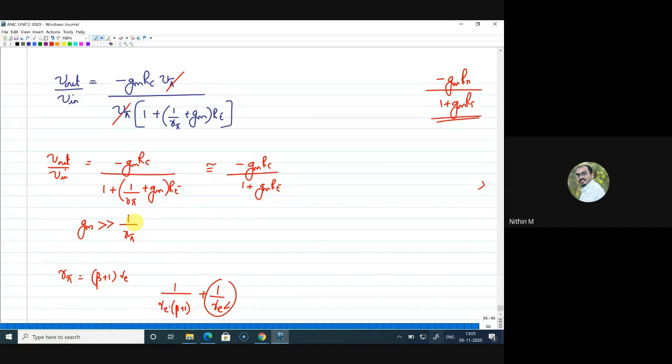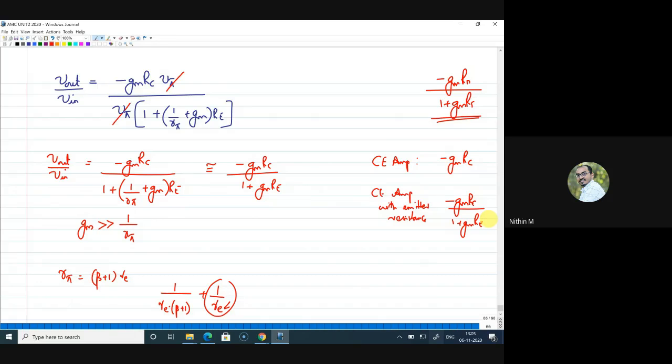But you can see that for your common emitter amplifier, your gain was minus gm rc. But now by including this degeneration resistance, this emitter resistance, your gain is actually falling by 1 plus gm re, because now the gain is minus gm rc divided by 1 plus gm re.